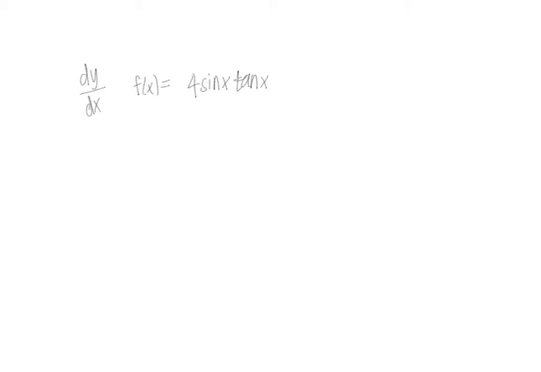Okay, so this is, again, a product rule. 4 sine of x times the tangent of x. So we're going to be dealing with the first times the derivative of the second plus the second times the derivative of the first. So the first function was 4 sine of x.